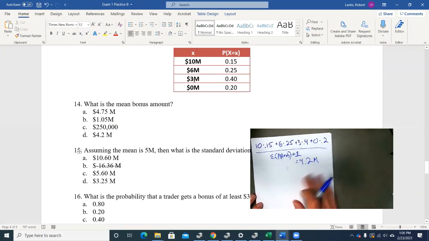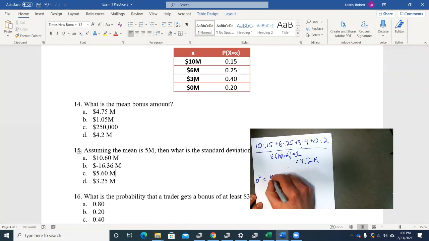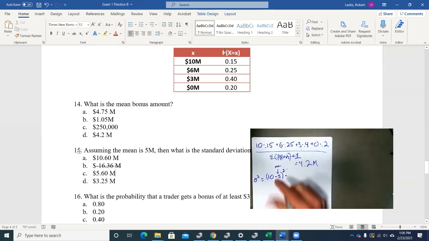So the very first outcome we could see when we're calculating the variance is that 10 million. We'll subtract that assumed true mean, the mean that we were given, of 5 million, and then multiply by the probability that I saw that outcome of 10 million, so it's 0.15.